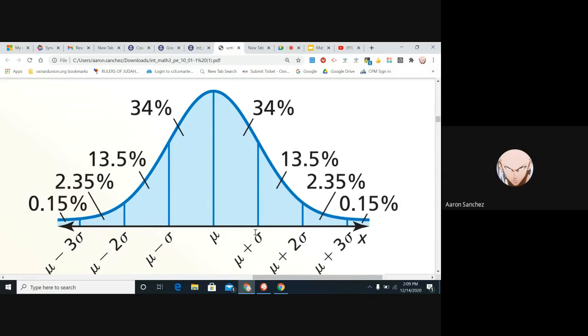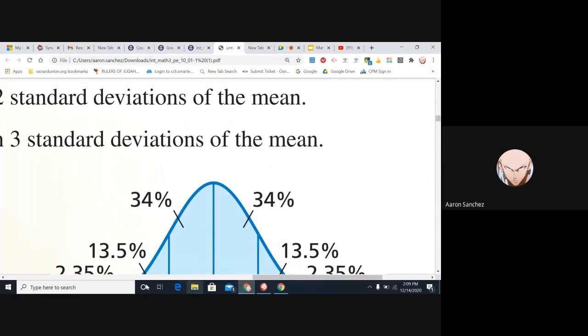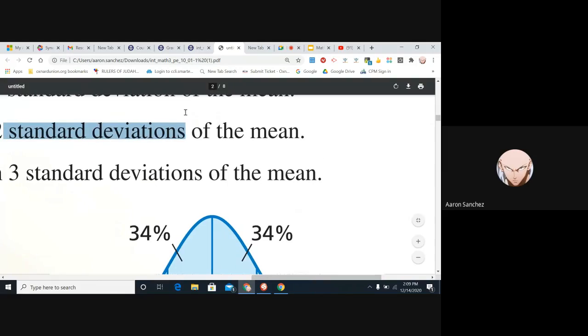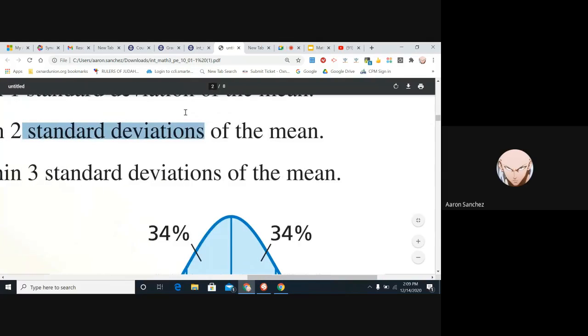Standard deviation. In fact, let's find where that is here. Standard deviation right here. Look, I'm highlighting it. That sigma means standard deviation.